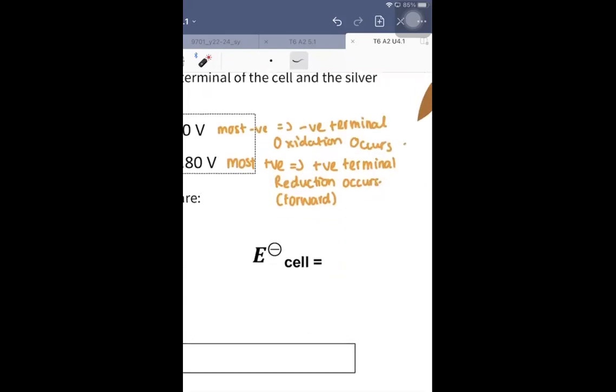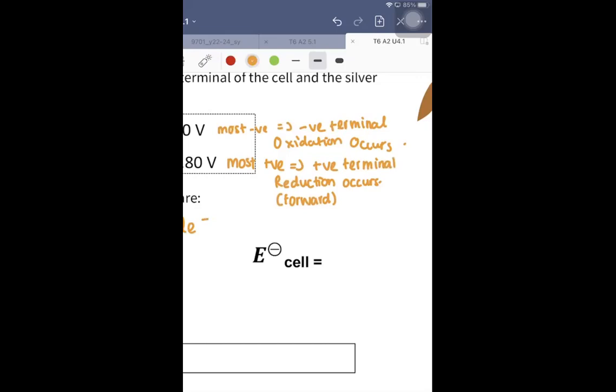The two half equations of the electrodes are, so we have to choose one equation for the oxidation reaction and one for the reduction reaction. Oxidation occurs here, which means we are looking at the reverse reaction, H2 breaking down into 2H plus while releasing 2 electrons. That's the oxidation reaction for the first one.